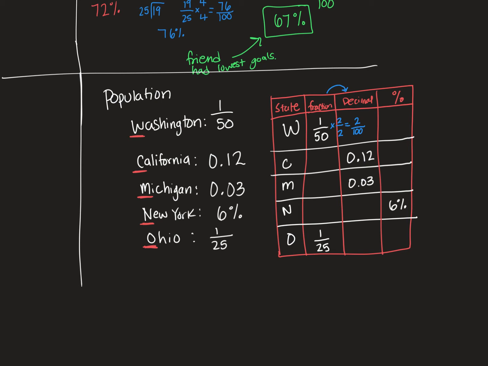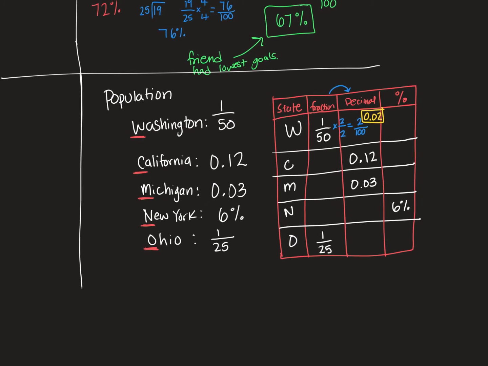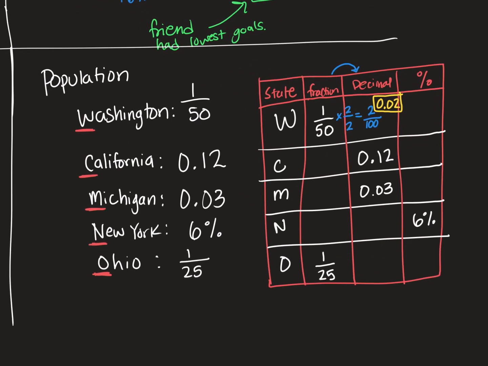So your decimal would be 0.02. So 2 out of 100 written as a percentage is 2%. So 2% of the U.S. population lives in the state of Washington.